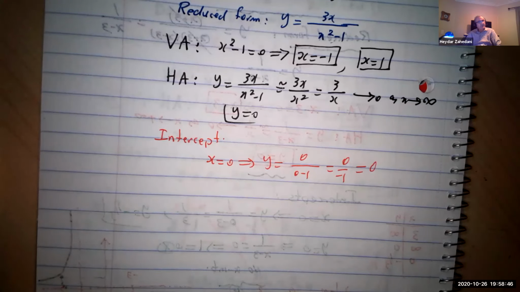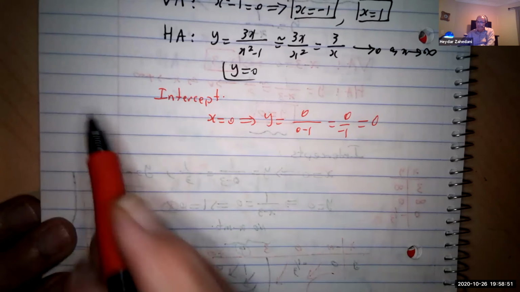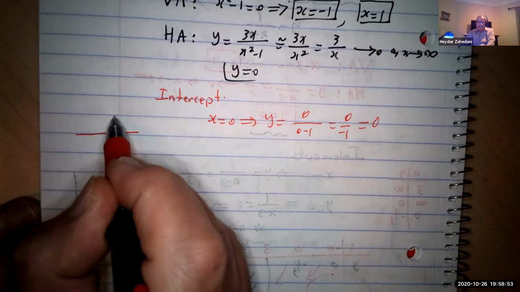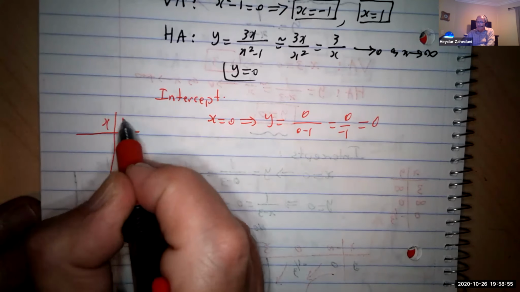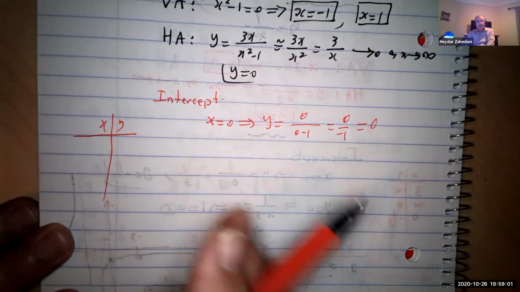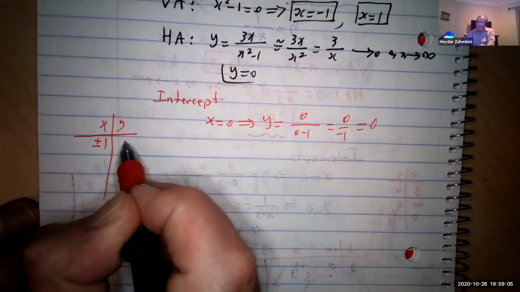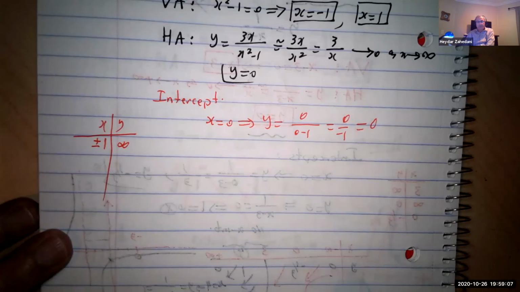Now we can preview it if you like, and that would be very useful to do for this one especially. So the information that we have collected: we have x equal to positive 1 and -1, and these are the asymptotes. You can write it down separately or together, it doesn't matter.